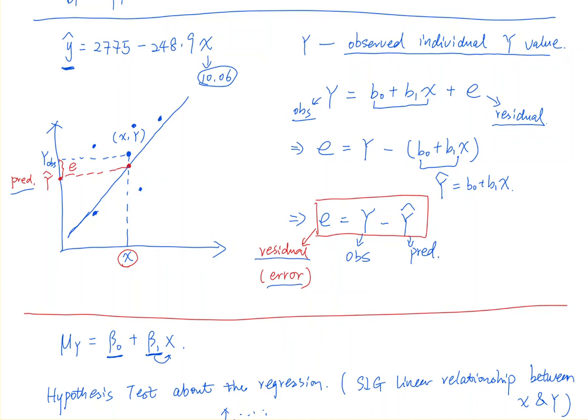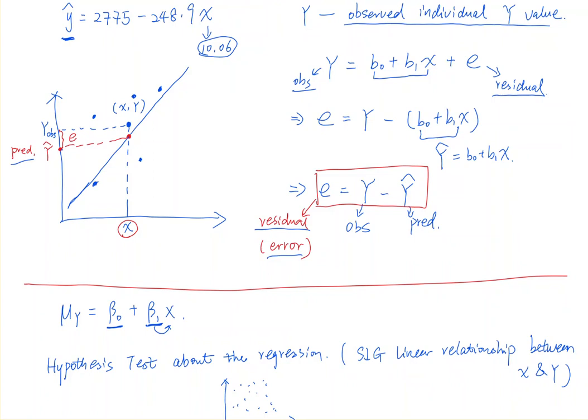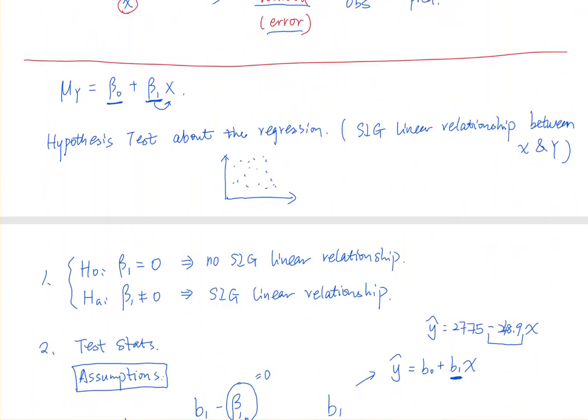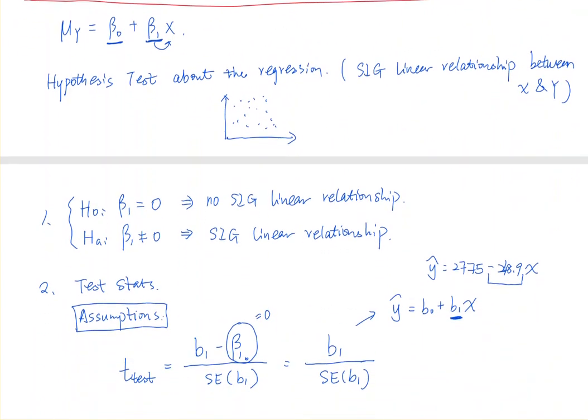All right, so now I think everything is ready for the next step, which is we want to do a hypothesis test about this regression. So why do we want to do this? For example, if I have a scatter plot like this, is there any relationship between the x and y?